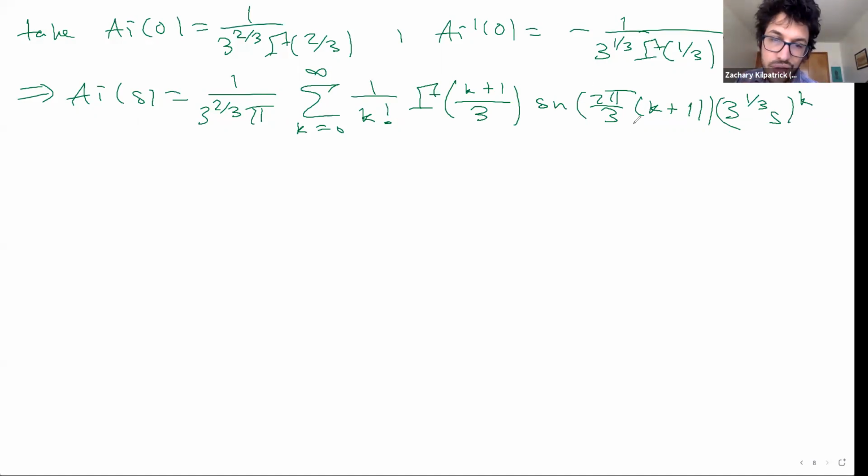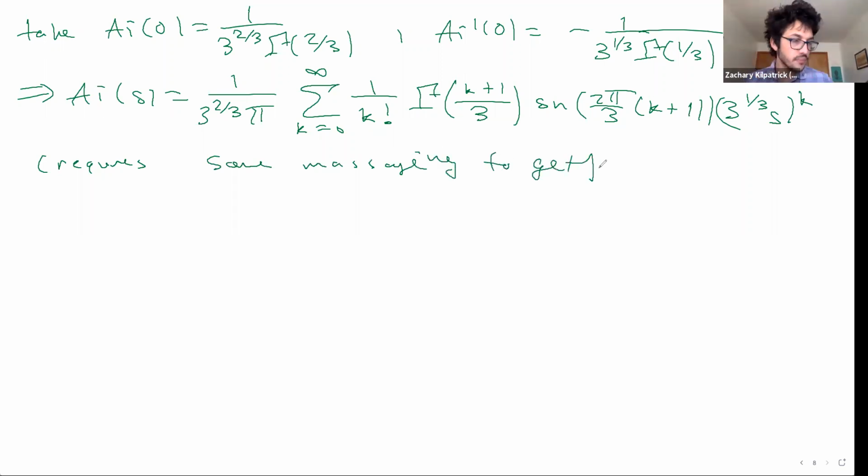It requires some massaging to go from the power series expressions we had before to this, but you can see the power series in s that we end up with. It's going to zero out for particular values of k, so that you only have the s to the 3rd, s to the 4th, and you skip the s squared and the s to the 5th and so on.